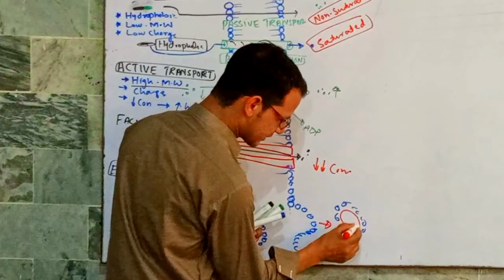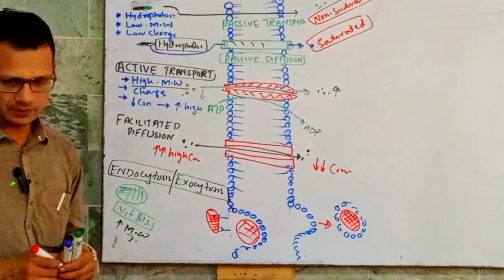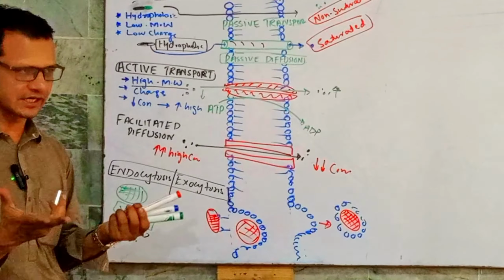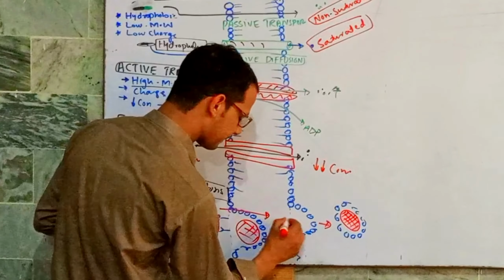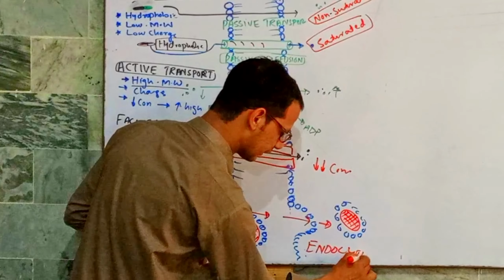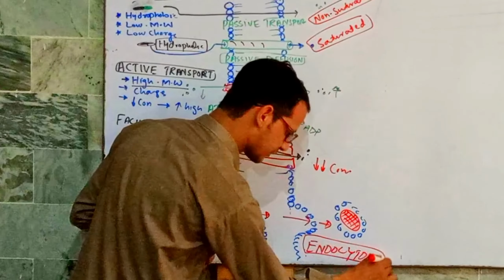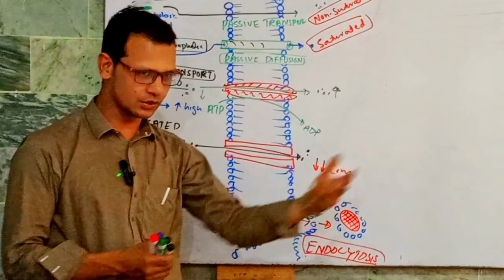One benefit of this vesicle is that it protects the drug from the outside environment or outside enzymes present in the cytosol, etc. This movement is called endocytosis, and when the drug acts on target tissues and then wants to leave the cell, it is called exocytosis.